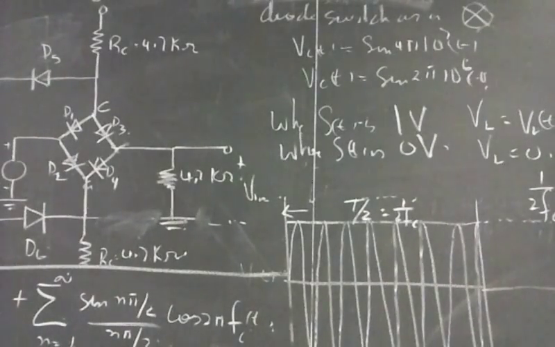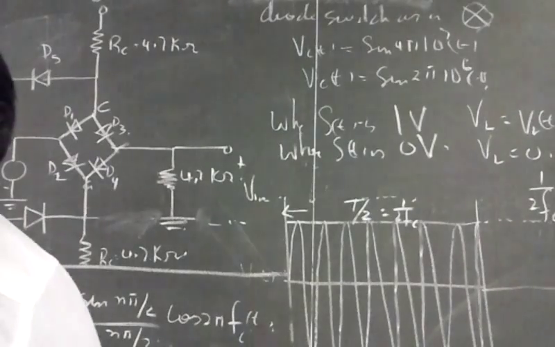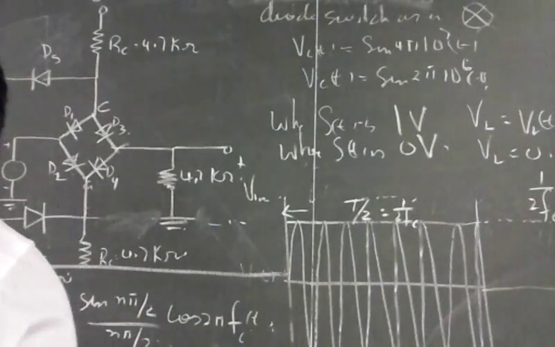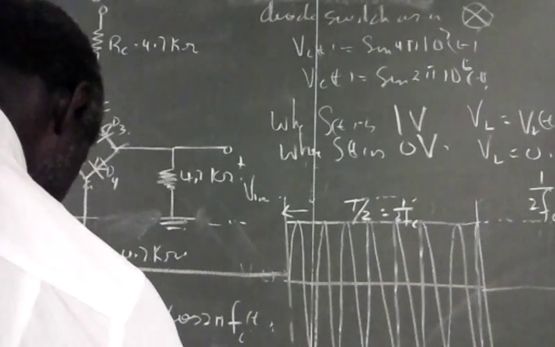Now if the switch is followed by a tuned circuit with center frequency Fc and bandwidth B equals 2 Fi, the voltage at the input of the filter will be VL of t equals now k sine 2 pi Fc t cosine 2 pi, where k is some constant.